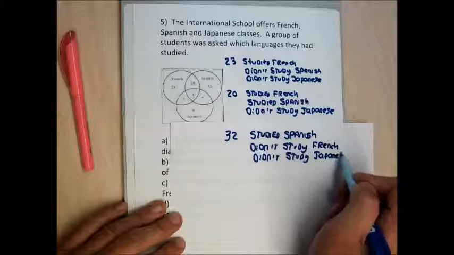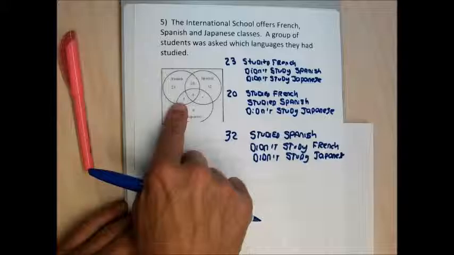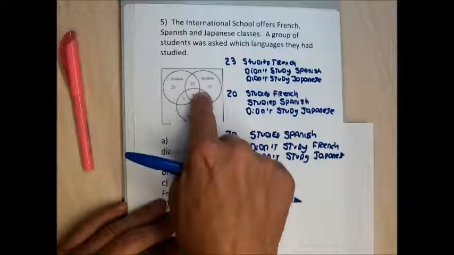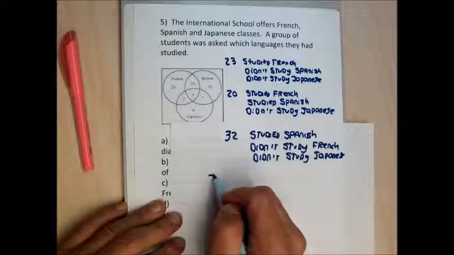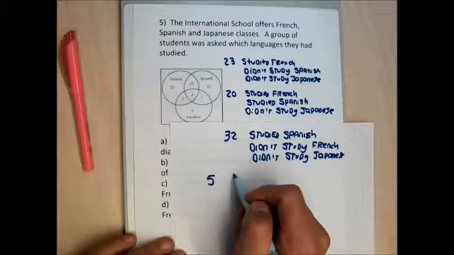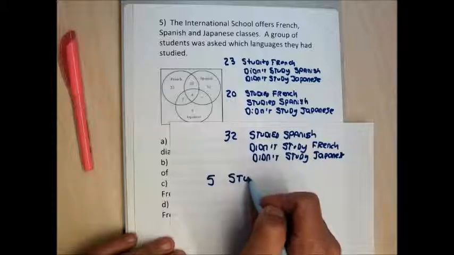Done with that. Now I'm on to those 5. Those 5 are in the French circle, they're in the Japanese circle, but they're outside the Spanish circle. So those 5 studied French, studied Japanese, didn't study Spanish.